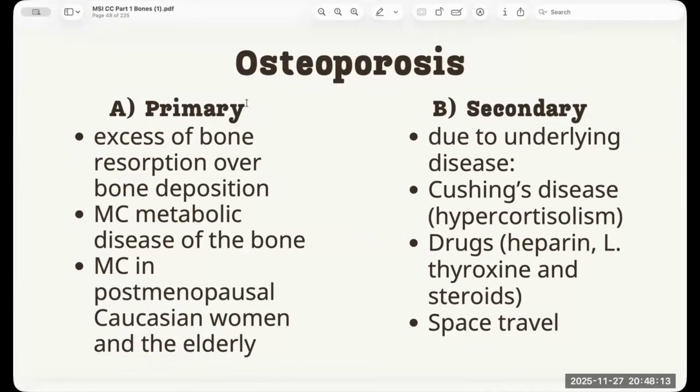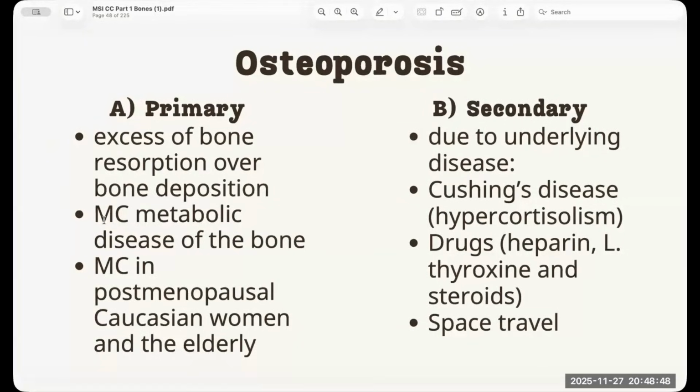Okay, so osteoporosis can be either primary or secondary. Primary because of excessive bone resorption over bone deposition. Again, resorption is osteoclasts. Deposition is by the bone cells responsible to remove the old bone cells or destroy bone cells, so it can have space for new cells to come, which is the function of osteoblasts depositing new bone.